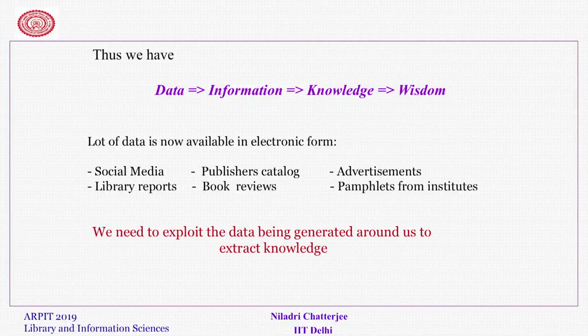So, all those data are now available to us in electronic form, and one can decide to design an information system based on that data. The question is how to extract the knowledge out of it, so that we can incorporate it in our system.